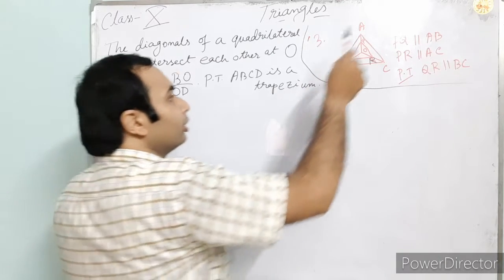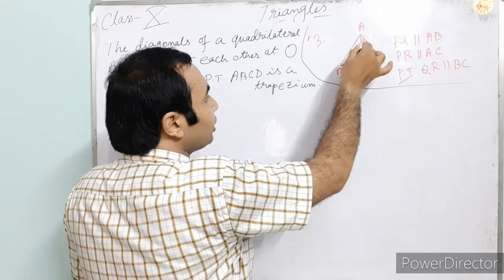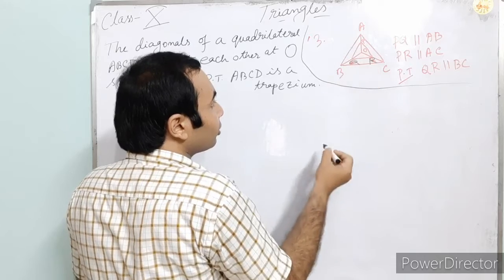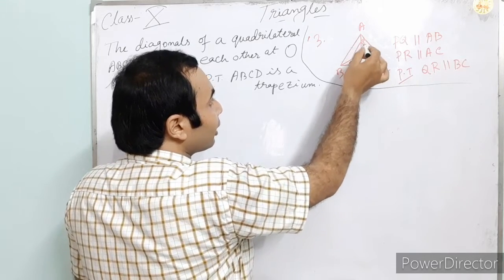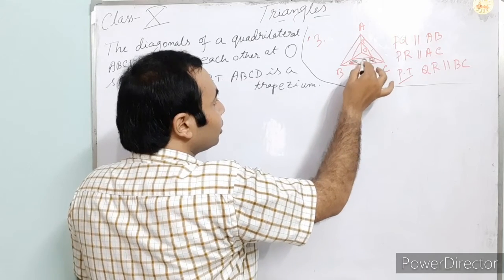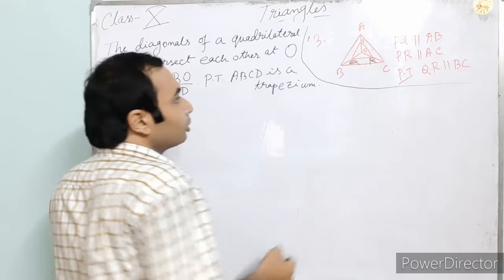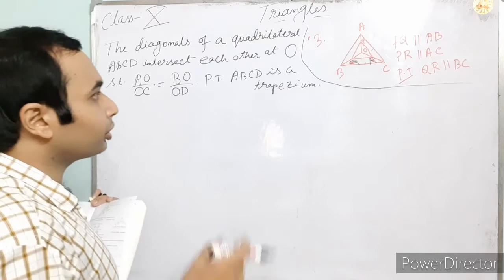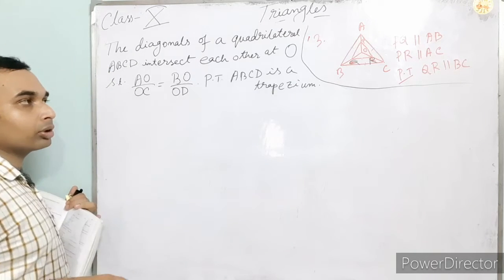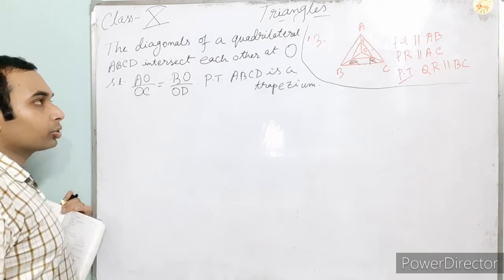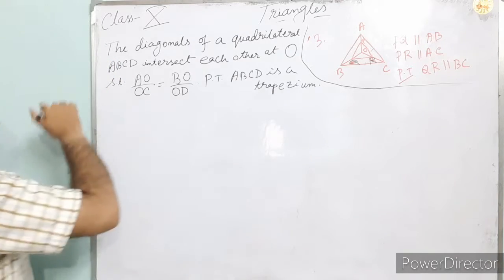PQ is parallel to AB, and PR is parallel to AC. You have to prove QR is parallel to BC. Just try with the Thales theorem. If you can't do it, then tell me in the comment box or at our WhatsApp group. I will show you.